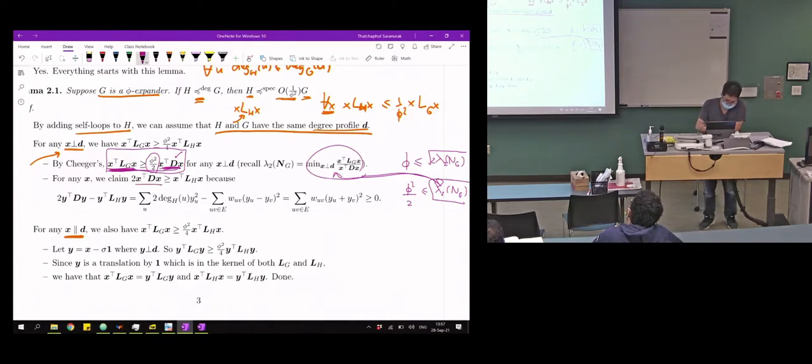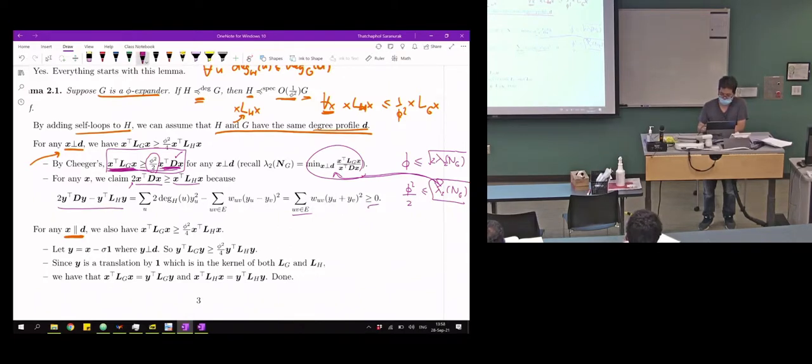So the next thing is that x D x, times 2, is also more than x L_H x. You have seen this before, actually, because when you look at this term and expand things, you get the sum over all edges of H, and now there is a plus here.